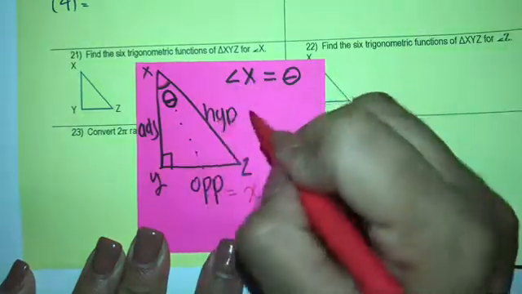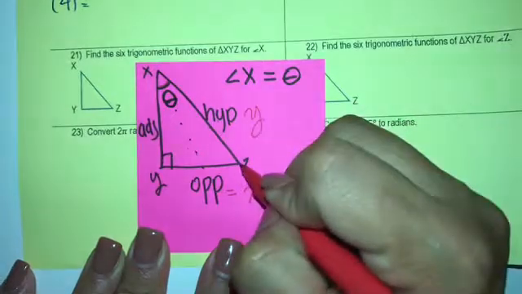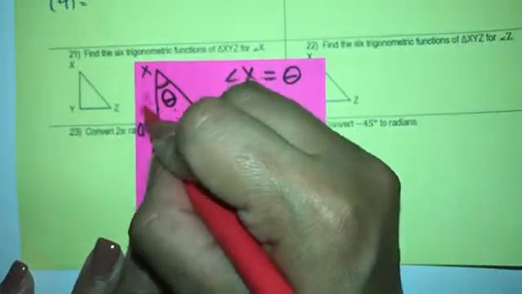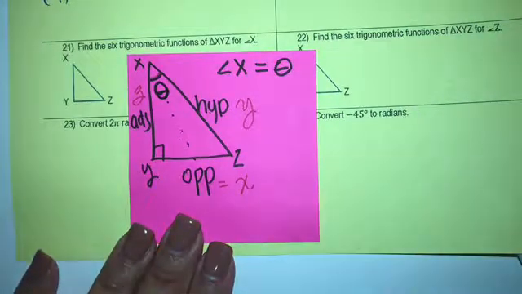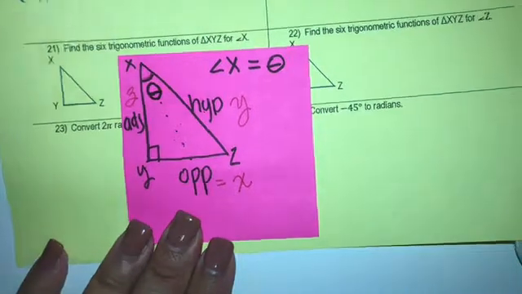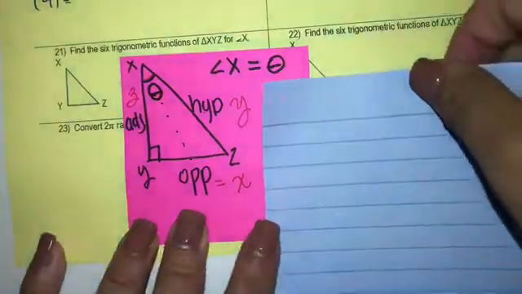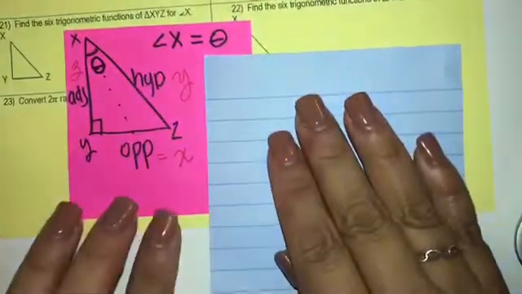This side will be little y, and this side will be little z. So we're trying to find the 6 trigonometric functions.